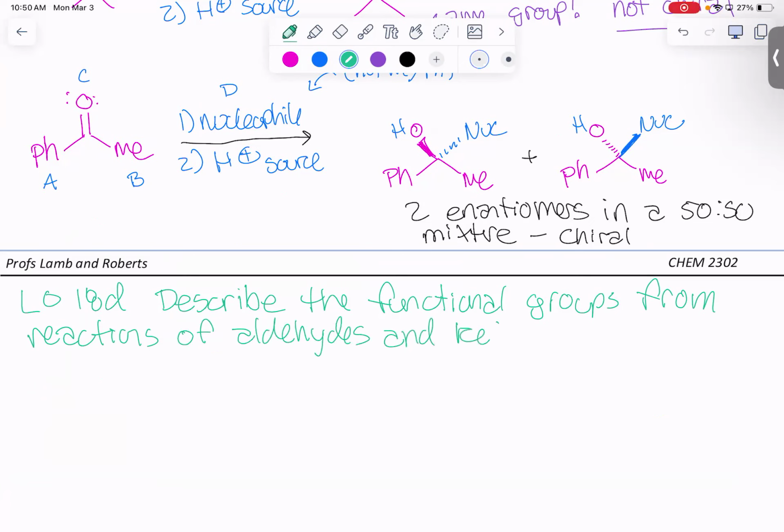Because aldehydes and ketones are a little bit different, we can't always have the same functional group formed from both of them, but the names will be relatively similar to each other, all right?